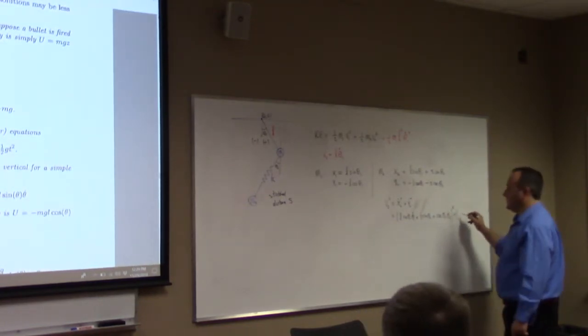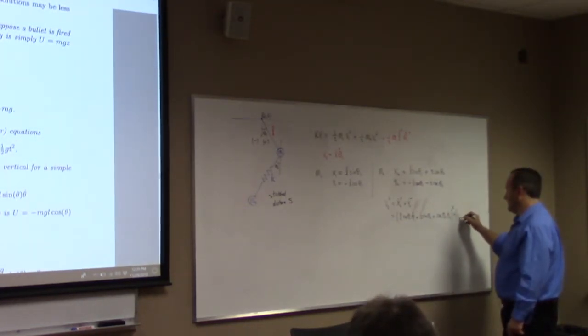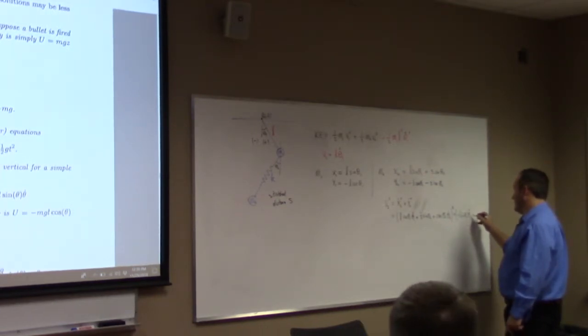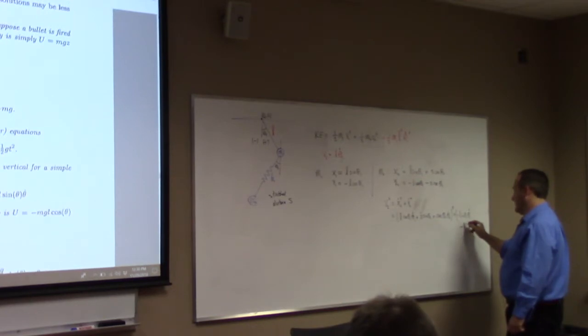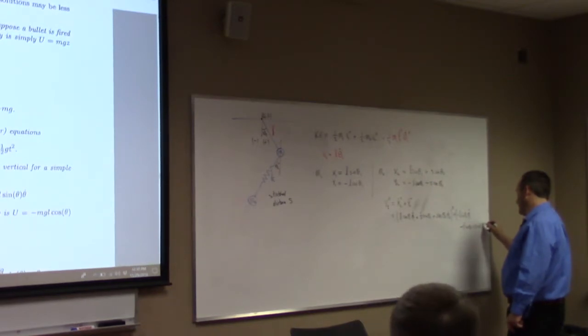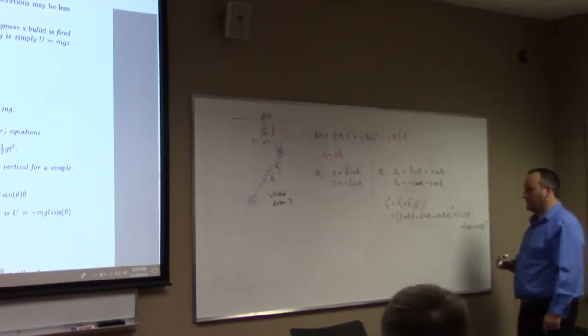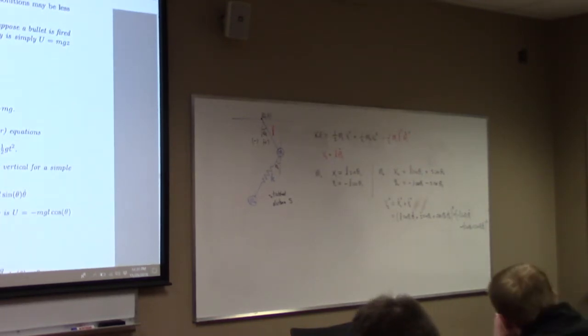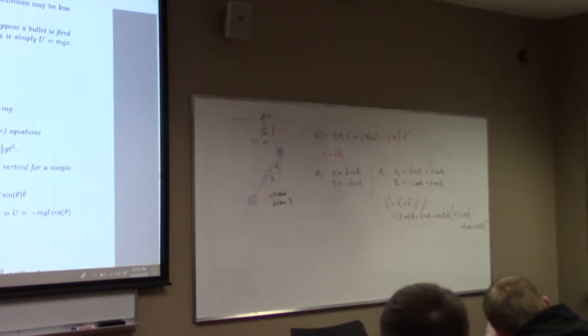Plus, likewise for the second one, L sine theta 1 dot minus s dot cosine theta 2 plus s sine theta 2 dot, squared. That would give me the velocity of the second mass as a function of theta 1 and theta 2, as well as the stretched length of the spring.